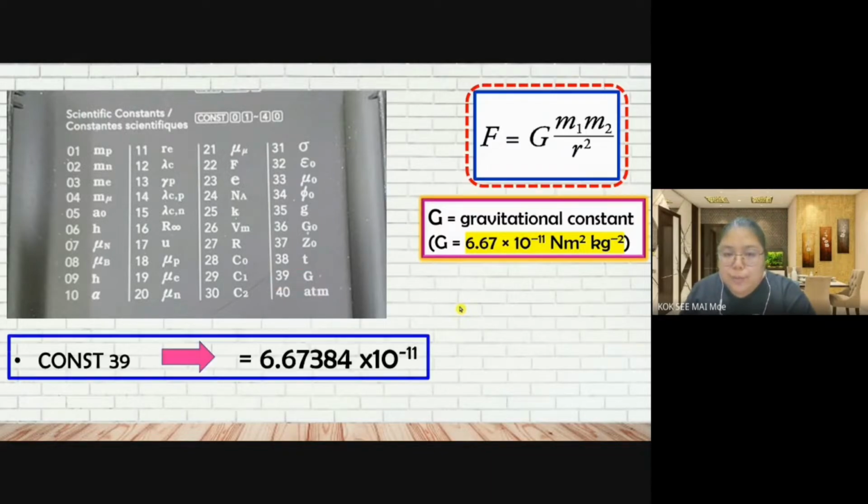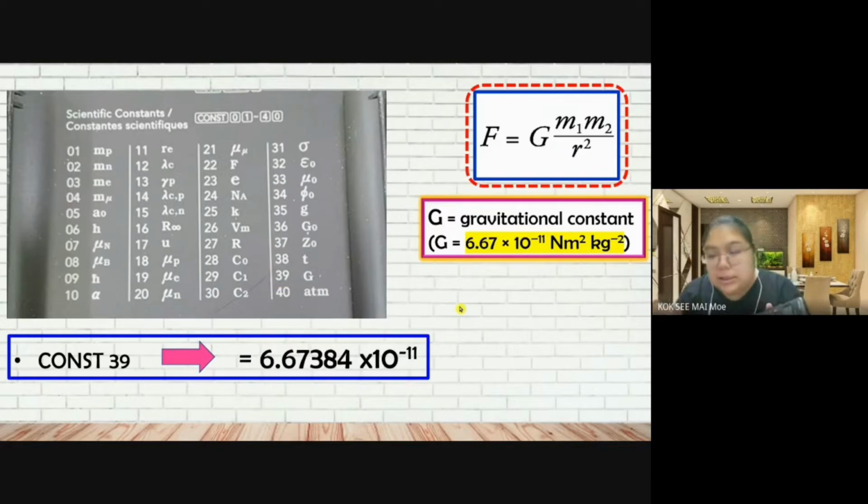How do you press? You press the calculator, the corner side, C-O-N-S-T, this part. You press it, then you press 39. Then you produce a G, and one G comes out. Then you press equal, and they show you 6.67384 times 10 power negative 11.